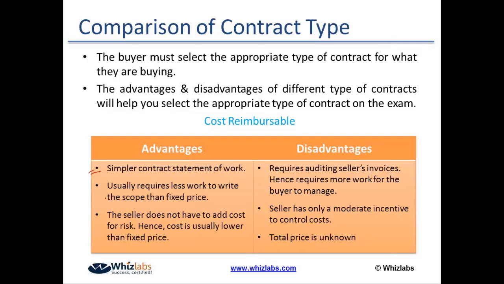Usually it would require less work to write the SOW, but the seller also does not have to add cost for risk. This is another very good point. Let's say I have an assurance from the customer that whatever risk factor occurs, the buyer or the customer would take care of those risk factors.